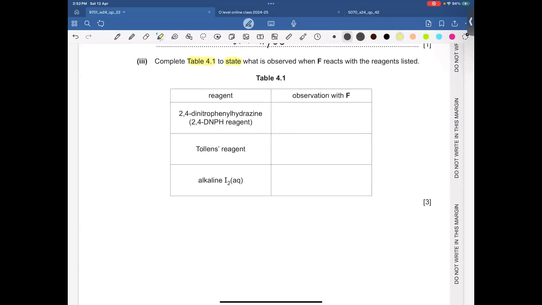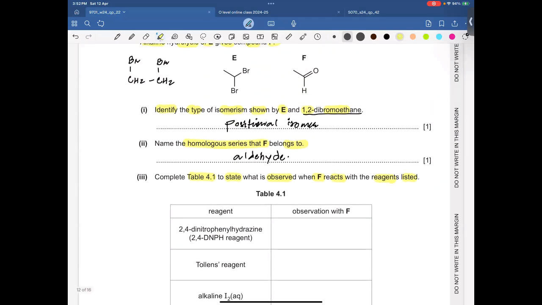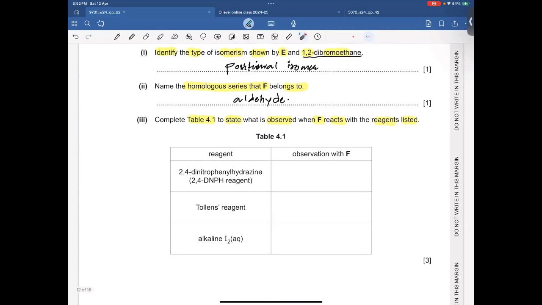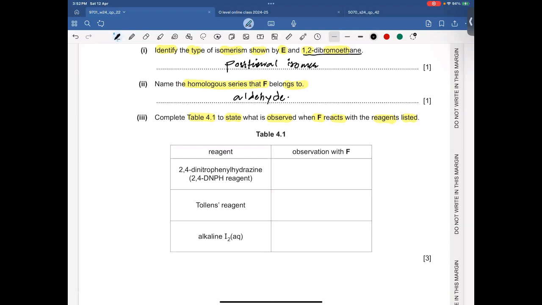Complete table 4.1 to state what is observed when F reacts with the reagents listed. F is basically an aldehyde. It's basically ethanal. This is CH3, this is carbon double bond oxygen, this is H. So it's basically ethanal. Ethanal, when treated with 2,4-DNPH, obviously you will get yellowish orange precipitates, right? When Tollens' reagent is treated with an aldehyde, you will get a silver mirror.